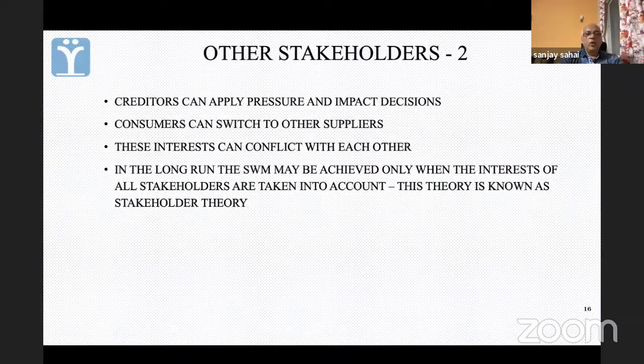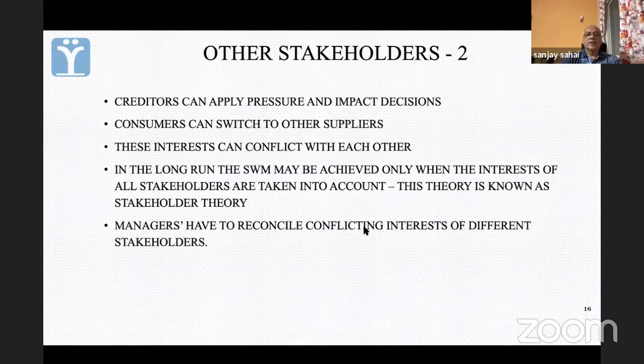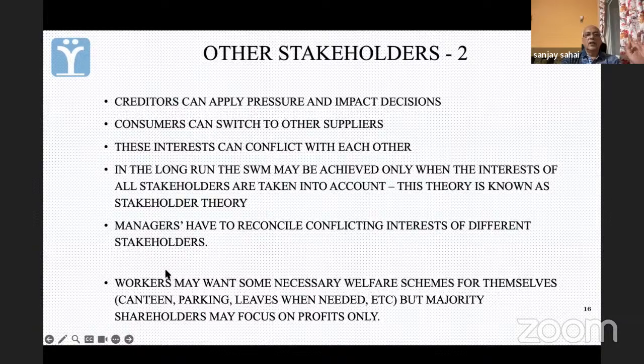There will always be a conflict, and आपको as a CEO, like we said, it is a tightrope walk. It's a tightrope walk where you will have to balance the needs of different stakeholders. Managers have to reconcile conflicting interests of different stakeholders.